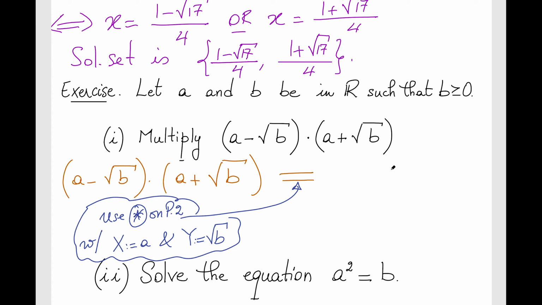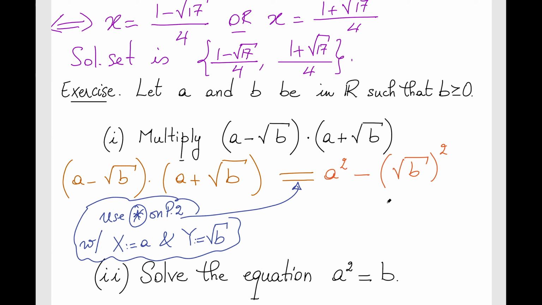It tells us it's x squared minus y squared, so it's a squared in our context minus y squared, and y squared is the square of square root of b, right? So one more time, that asterisk on page 2 tells us that x minus y times x plus y is x squared minus y squared, and x in our context is a, so it's going to be a squared, and y squared becomes the square of the square root of b.